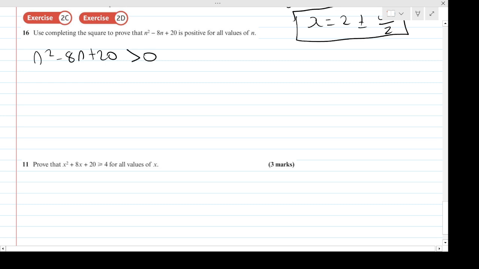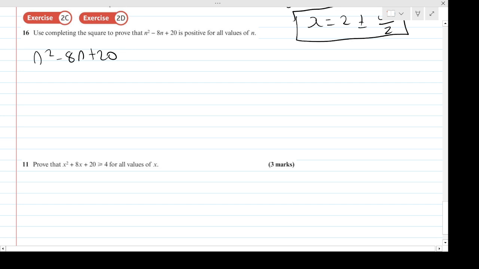No matter what value of n I plug in, n is 1, n is 2, n is negative 3, n is negative a million, if I put this into a calculator, it will always be a positive number, okay? And that's what we say, greater than 0, which means it's positive. But how are we going to prove that?